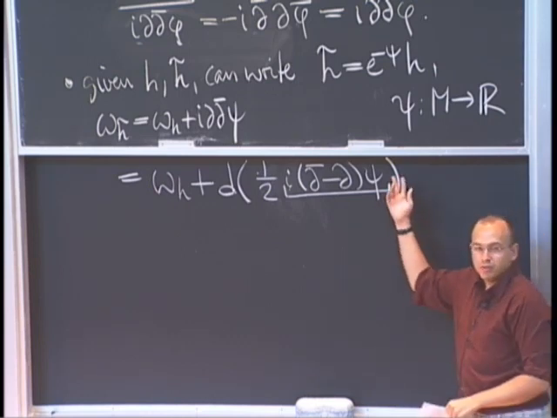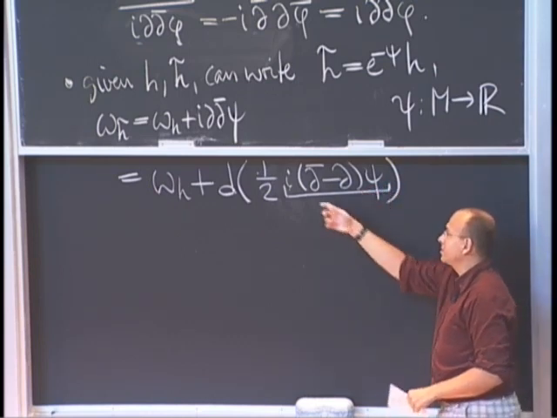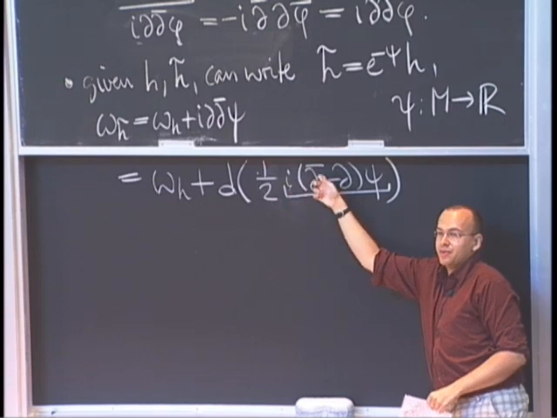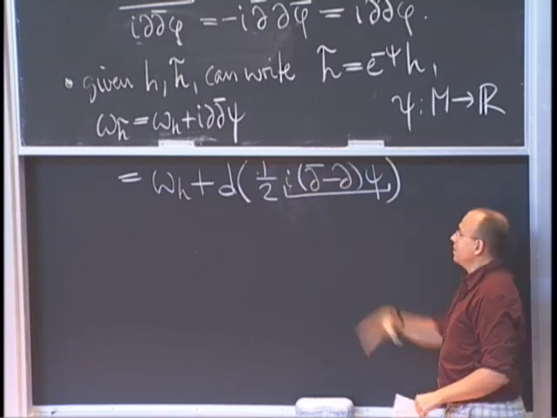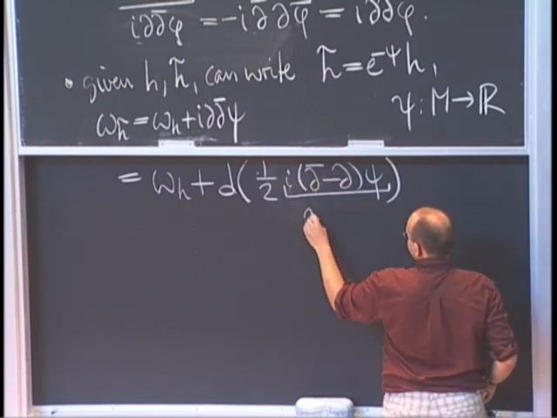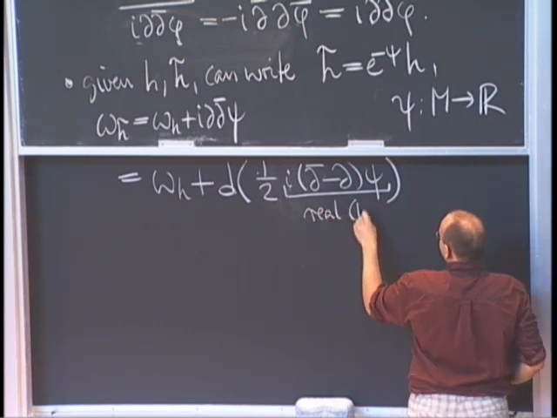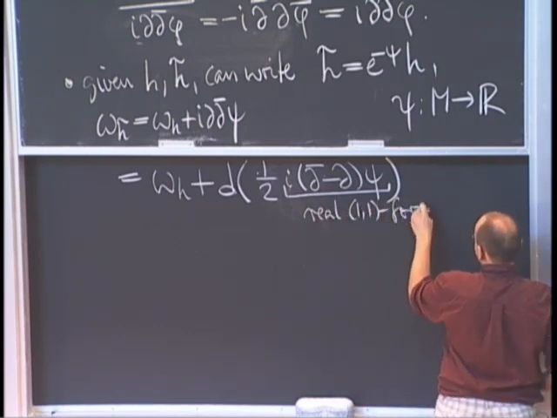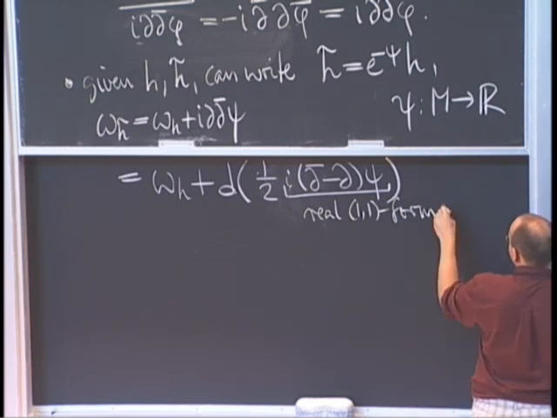You can check that it's equal to its complex conjugate pretty much obviously because you get the minus sign from the I and then the del and the del bar switch. So this is a real 1-1 form if psi is real, which it is in our case.